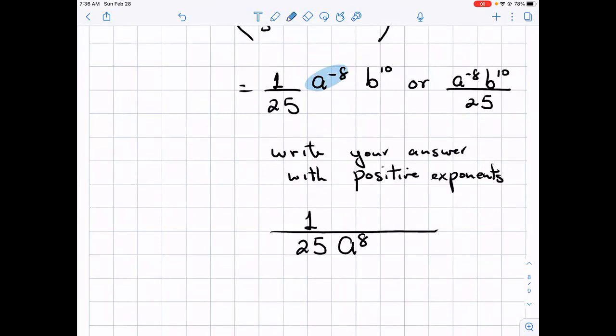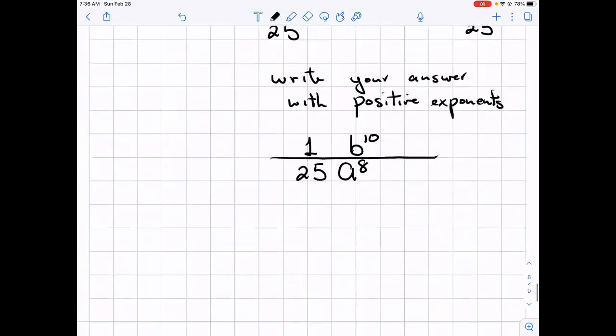The b has a positive power. It's in the numerator, so it stays in the numerator. Okay, and finally, we have b to the 10th over 25 a to the 8th. And this is our final result.